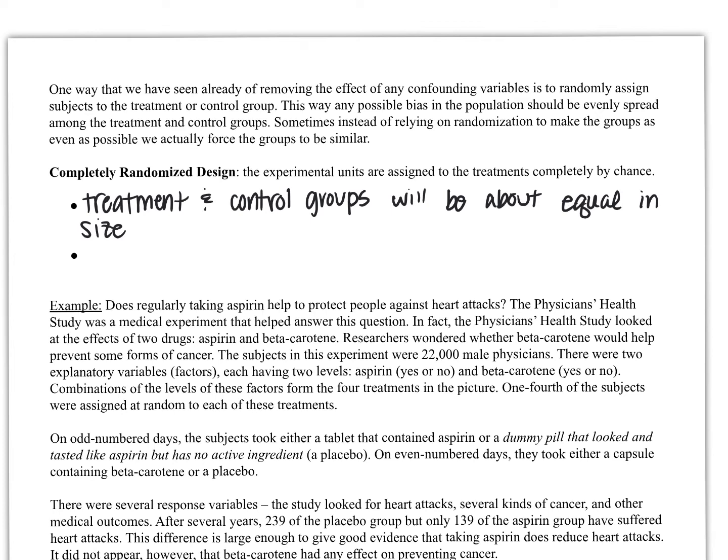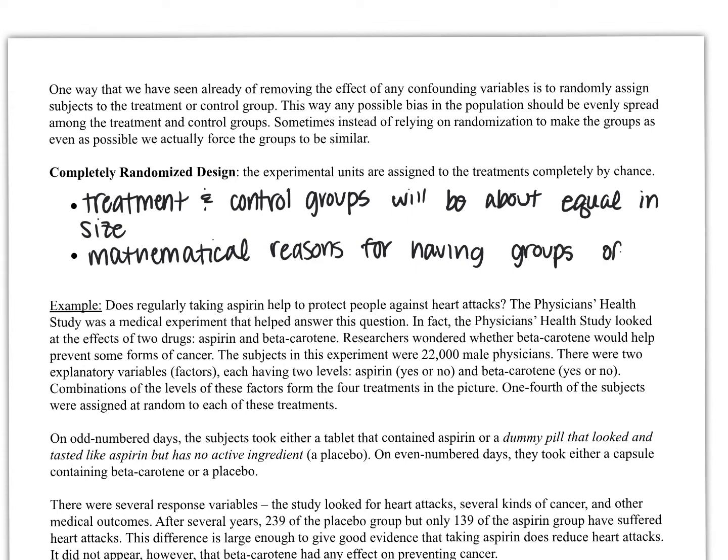So that's one thing we want to come out of a completely randomized design. The other one is that there are mathematical reasons behind this. Which again, we'll discuss later. So let's take a look at an example.